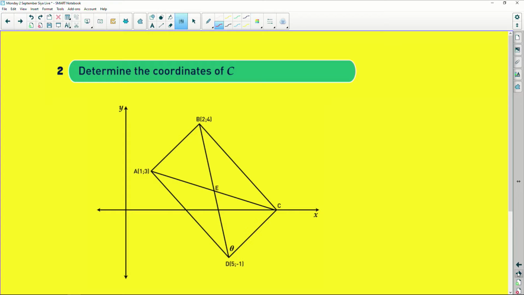The second question says, determine the coordinates of C. Remember, I told you that's one of the questions you need to think about. Now, guys, if you look at mathematics, it is a hierarchy of questions, especially when you get to the geometry part. I firstly asked you about the midpoint, which means this question might need you to use the midpoint in solving it.